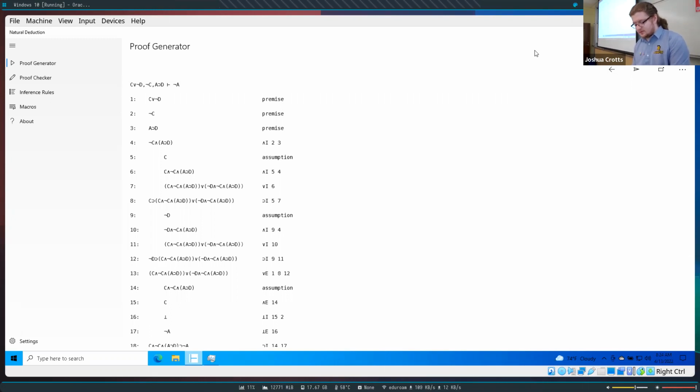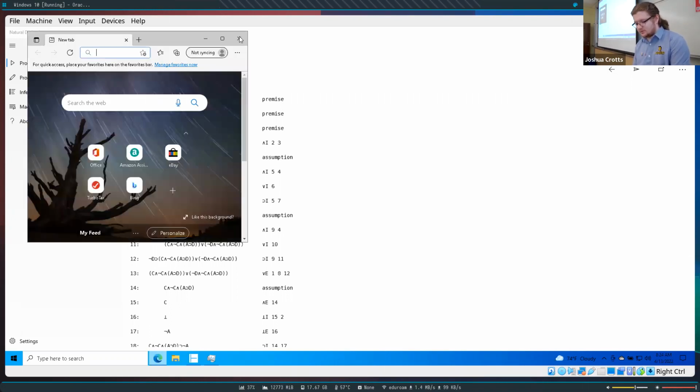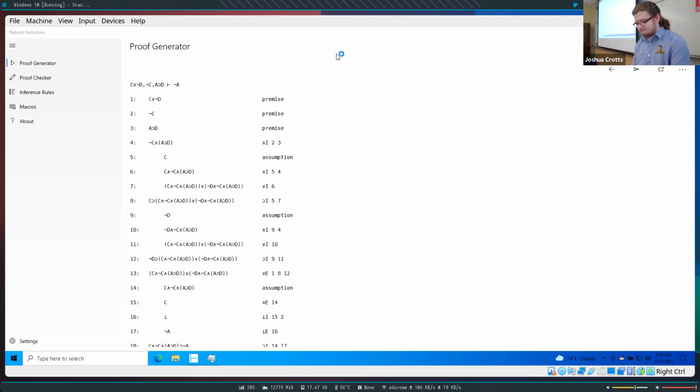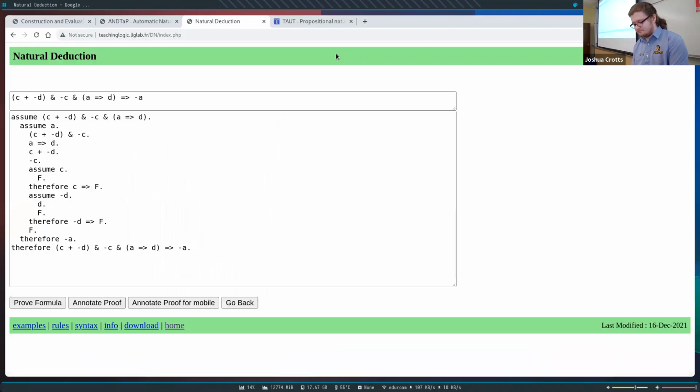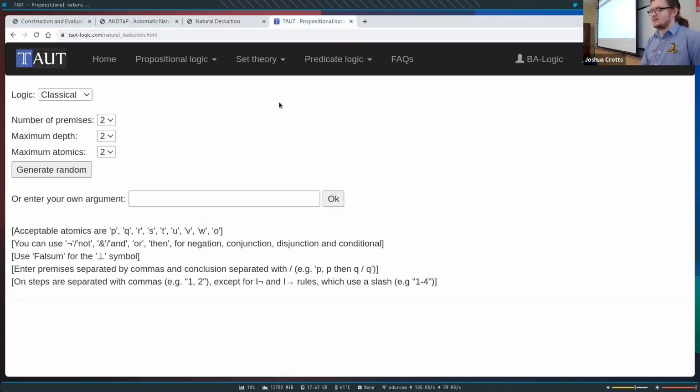All right, and this is taught logic. This was the only system that we tested that actually had both propositional and predicate logic support. Another thing is that we have to use these atoms here. We can't use A, B, C, D, and so on, which is an odd restriction, but we'll do that.